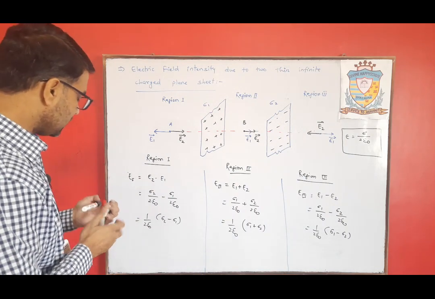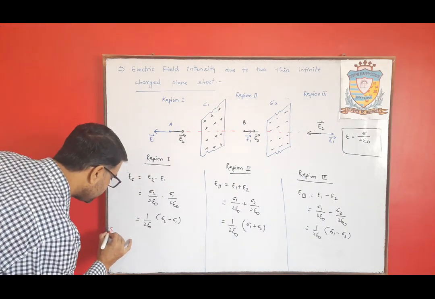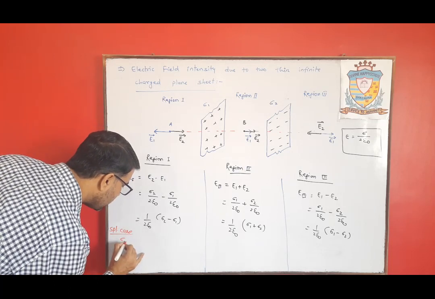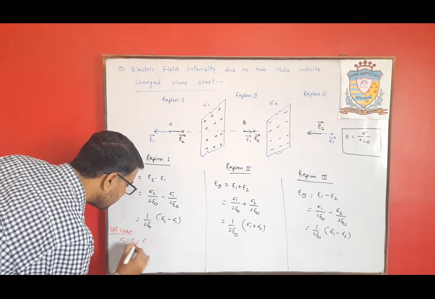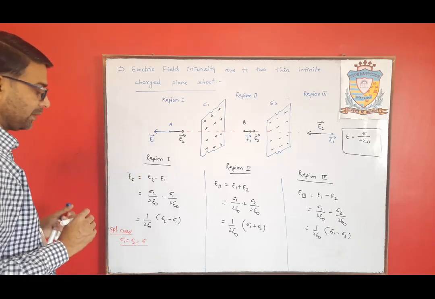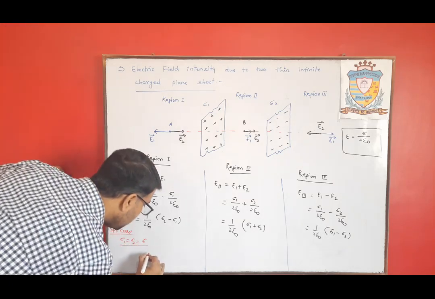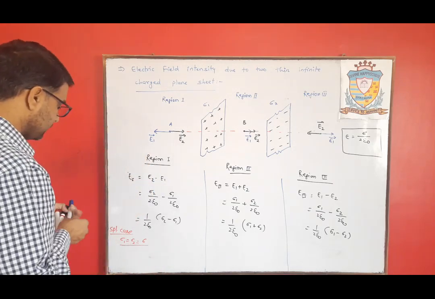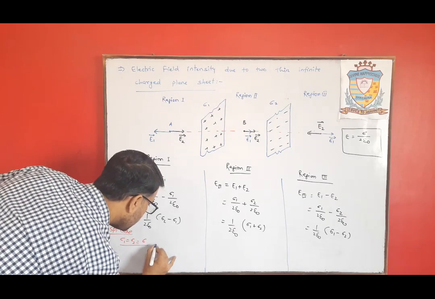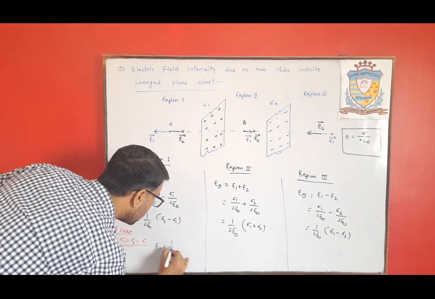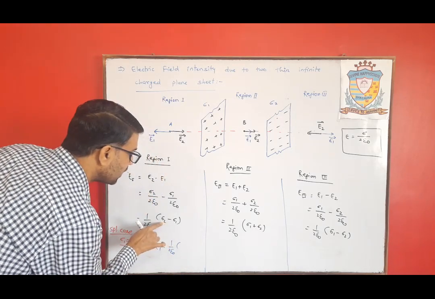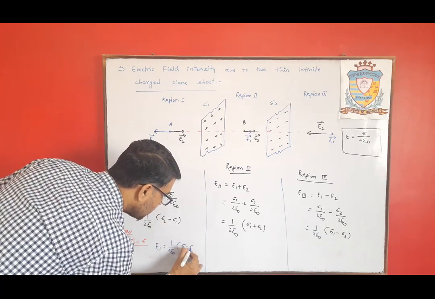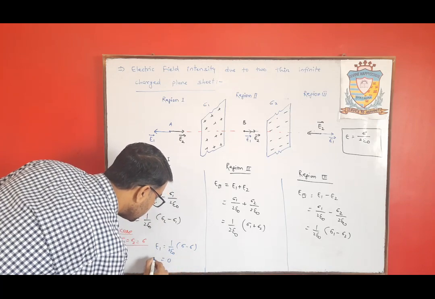Now if we consider a special case in which sigma 1 is equal to sigma 2 is equal to sigma, then what will happen? Here the electric field intensity in region 1, the value of E will become 1 upon 2 epsilon naught, in place of sigma 2 we have sigma, and in place of sigma 1 we have sigma. So this is equal to 0.